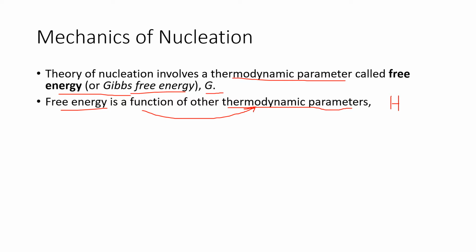One is enthalpy. What is enthalpy? Enthalpy is the measurement of the internal energy of the system. The other is the measurement of the randomness or disorderness of atoms or molecules.